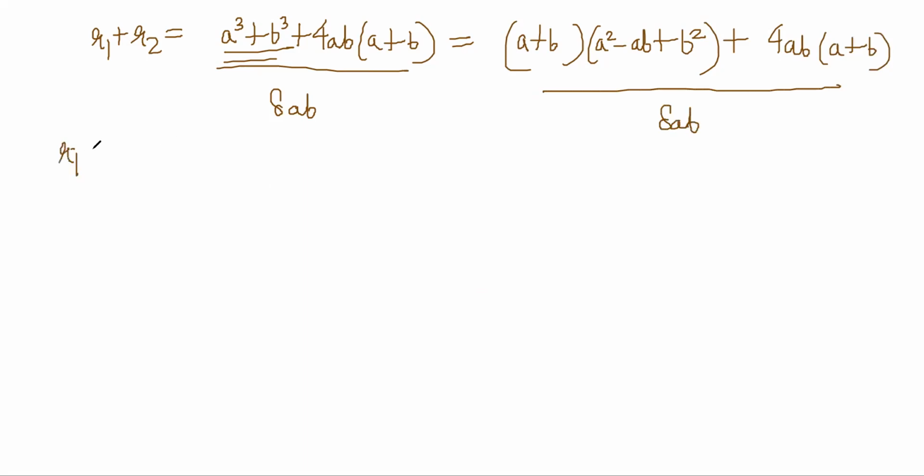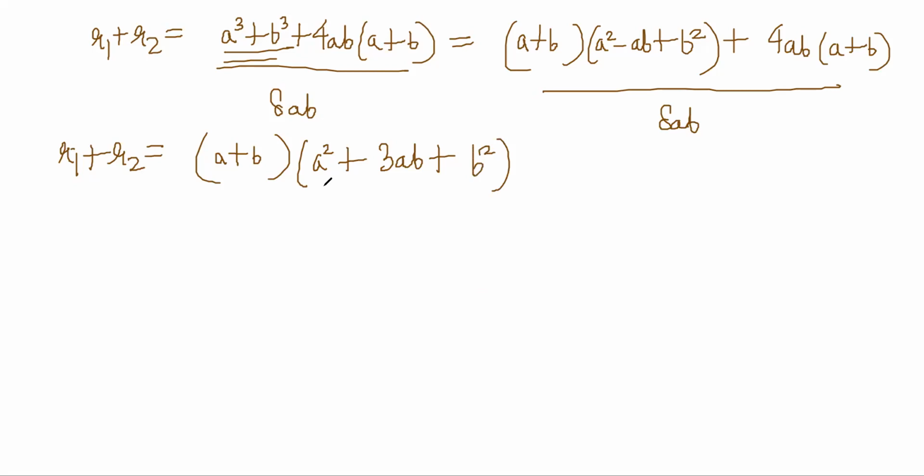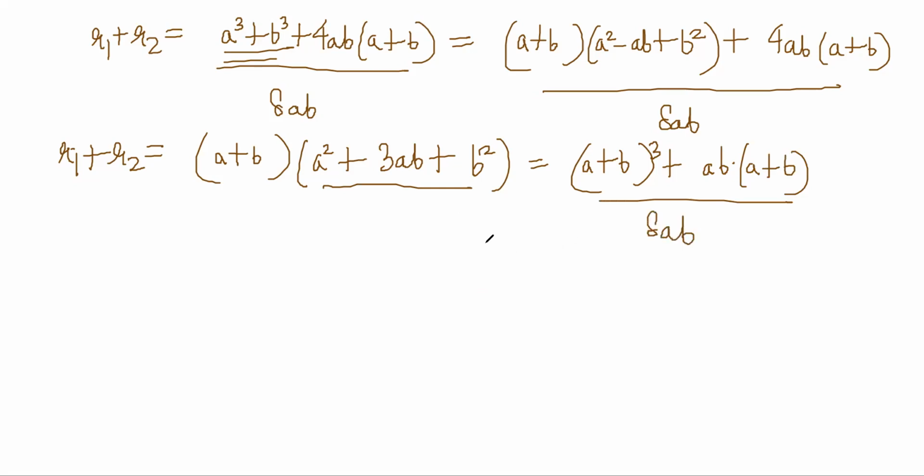So r1 plus r2 becomes equal to a plus b common. This becomes a square plus 3ab plus b square. So that is a plus b whole square plus ab. So basically this is a plus b whole cube plus ab into a plus b by 8ab. Okay, that I could have written in the beginning only.